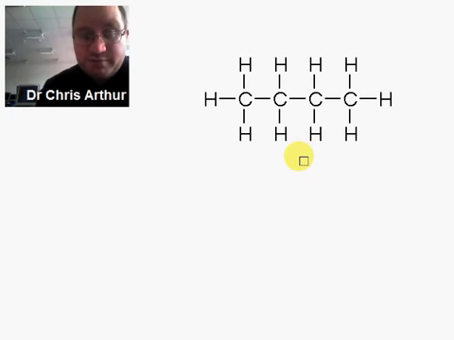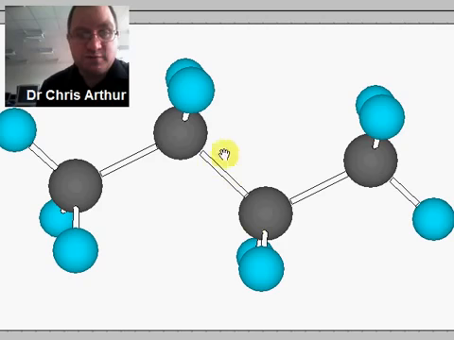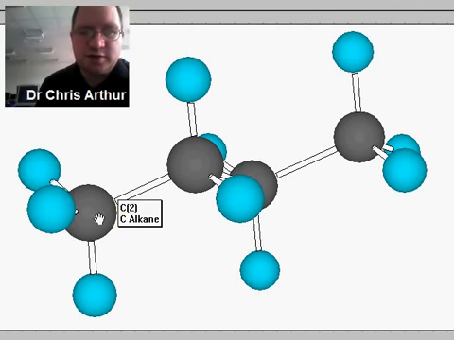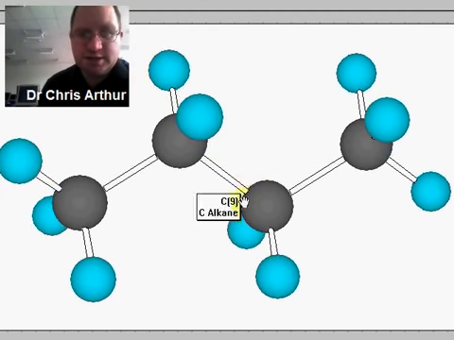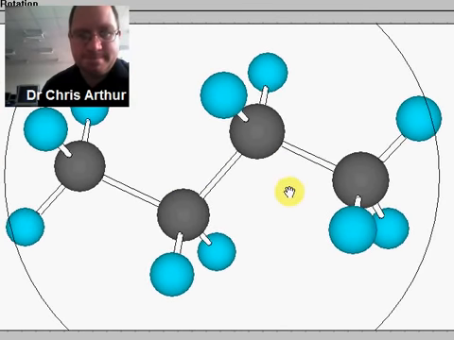Some other, more fundamental problem is that molecules have three-dimensional shape. If we look at the three-dimensional shape of butane, which is the molecule that we should have drawn on the other page, with grey carbons and blue hydrogens, we can see that the molecule has a three-dimensional shape to it.